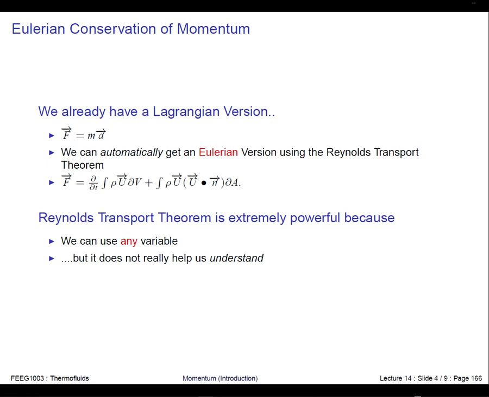So effectively, the right hand side of Newton's second law is the rate of change of momentum, and that rate of change of momentum is caused by the force that I apply to this object in the Lagrangian frame. So if you can imagine, we have an apple and it starts falling from a tree.